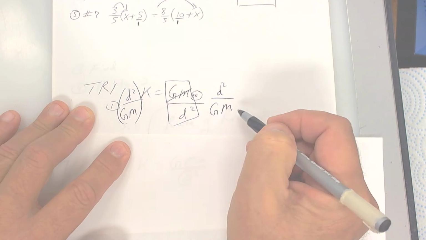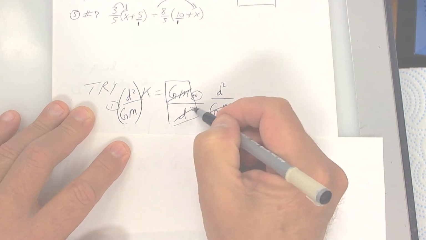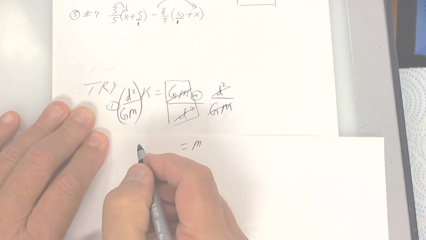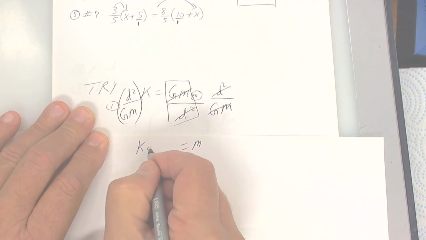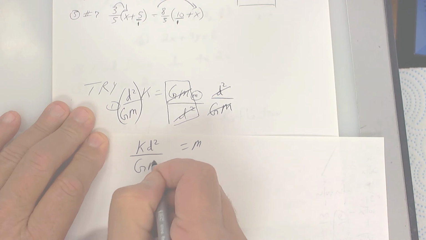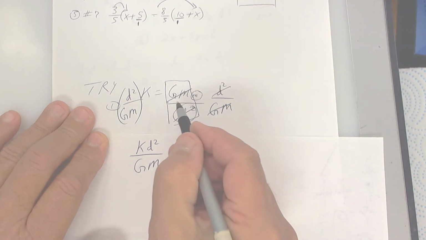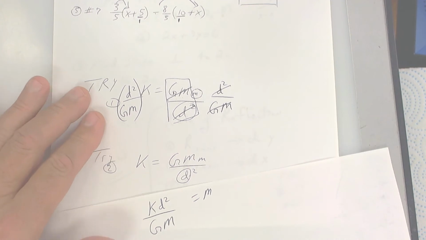So the gm cancels, the d squared cancels, and you're left with m is equal to this. So you could put the k in front, it doesn't matter. And that should be your answer. Okay? Multiply by the reciprocal. You don't have to. I could have multiplied by d squared and then divided. Same thing.